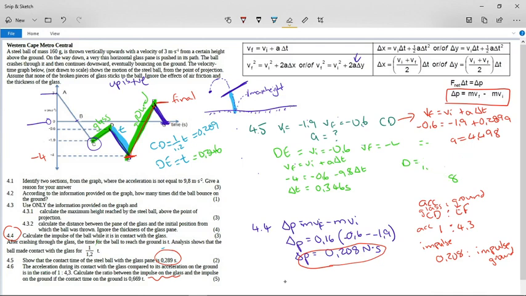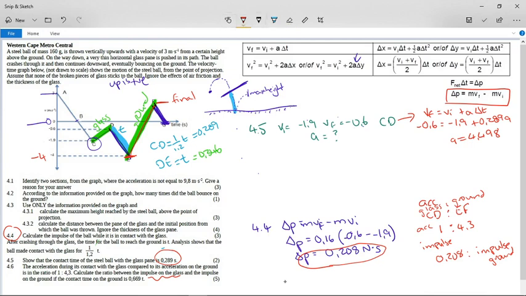Okay, so once we've got this acceleration value for the glass, remember we've also got this ratio that they told us. If we find the ratio of the acceleration on the ground, we can find the acceleration on the glass, which we've just done because it was that section CD, and we can then find the acceleration on the ground because of this ratio. So we're going to come back in here once I've rubbed everything out.